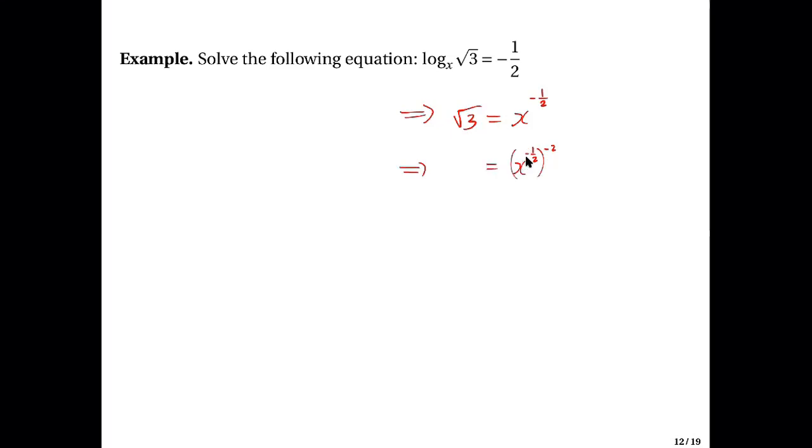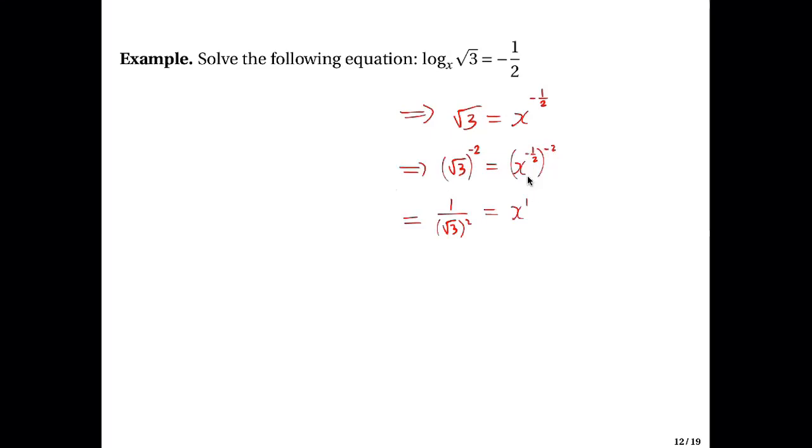Okay? So that's the right-hand side. Left-hand side here, square root of 3 raised to power negative 2, which means this will be 1 over square root of 3 squared. And for this guy here, negative 1/2 times negative 2, that's positive 1.